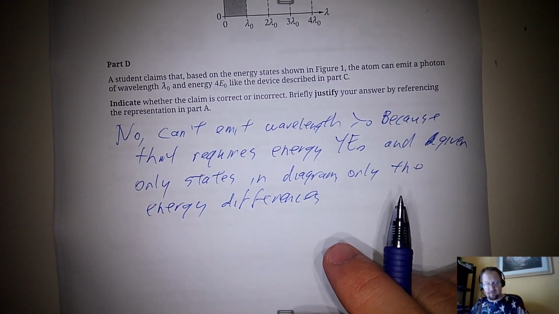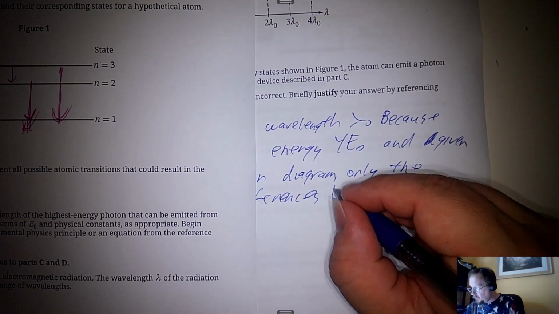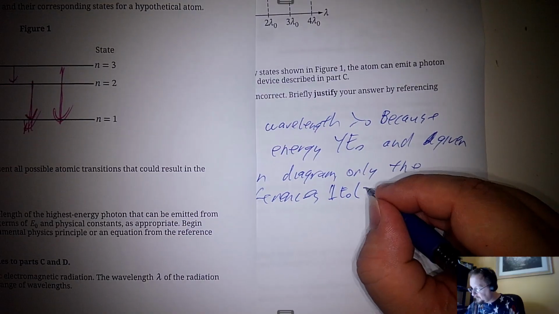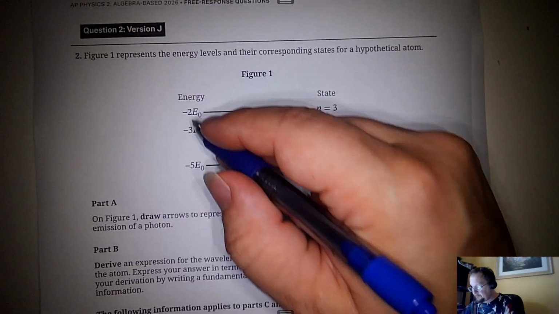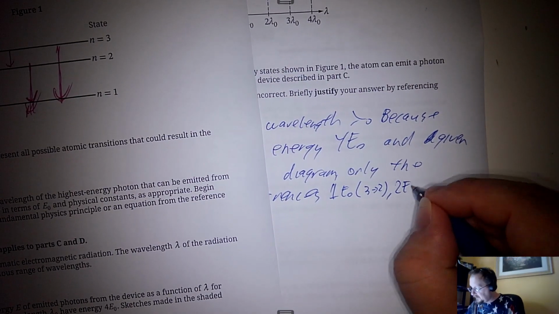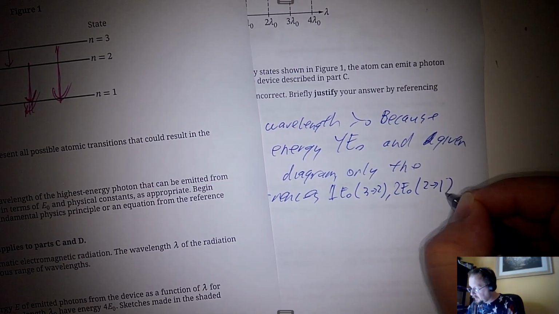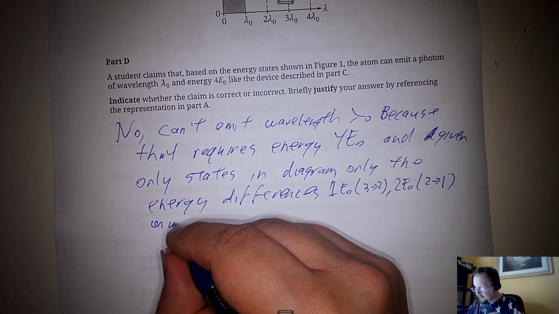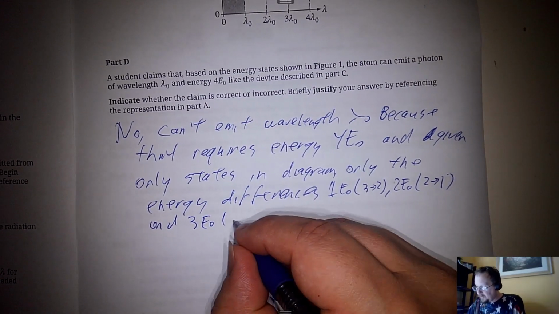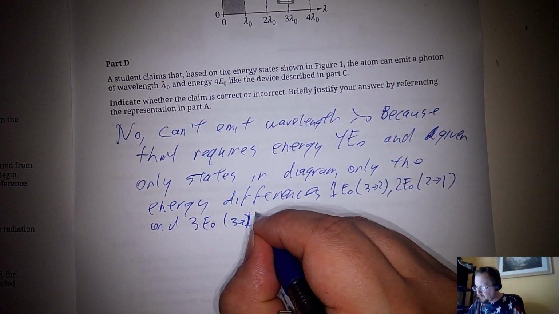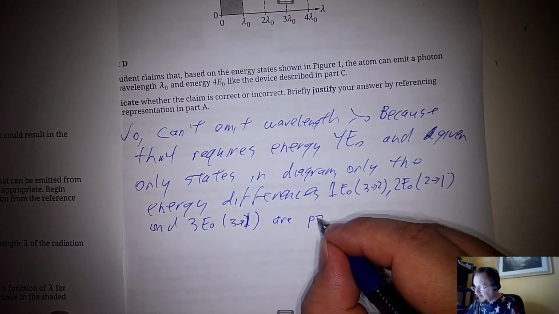What are the energy differences? 1E naught, that's from 3 to 2. 2E naught, that's from 2 to 1. And 3E naught, that's from 3 to 1. Those are possible.